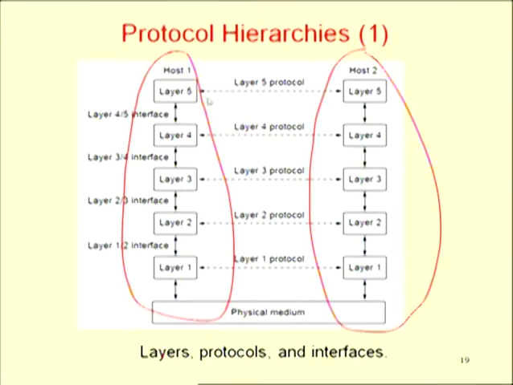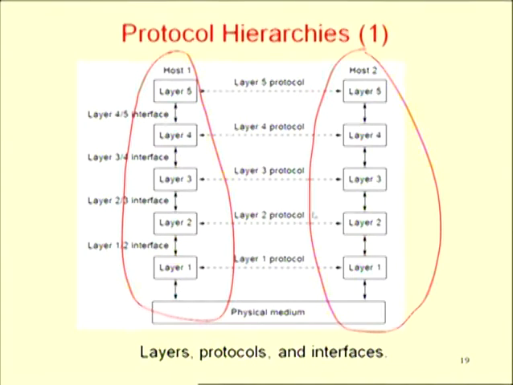Simultaneously you can see that dotted lines are there which are running across the layers. So you can say that layer 1 is talking with the layer 1 of the other end device. That is said layer 1 protocol. Then layer 2 is again talking with layer 2.